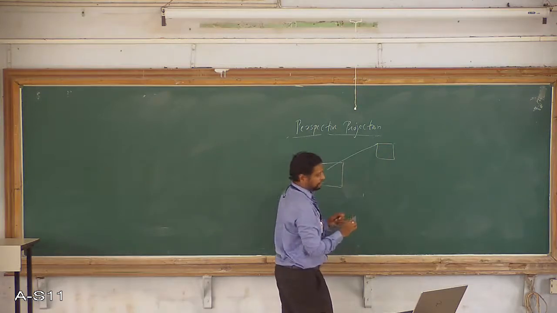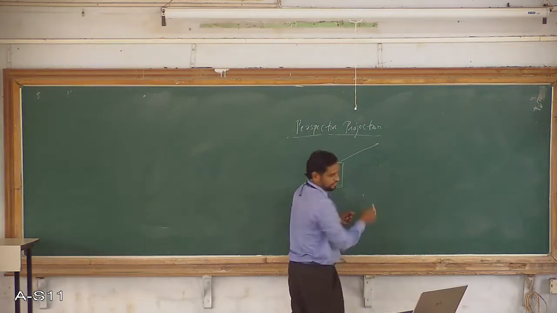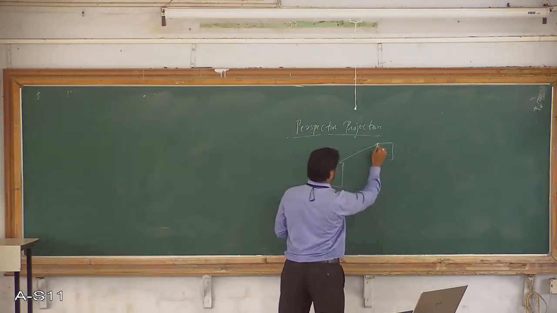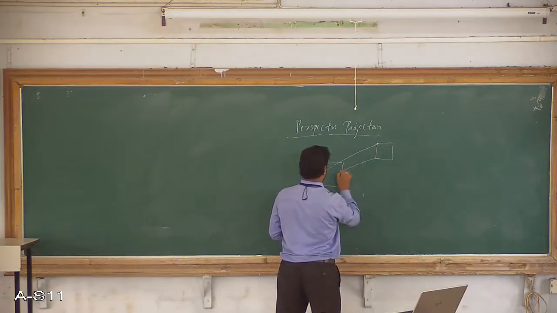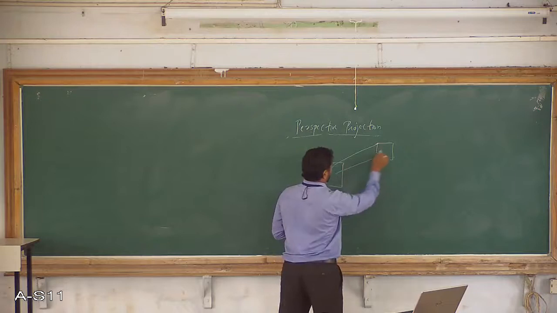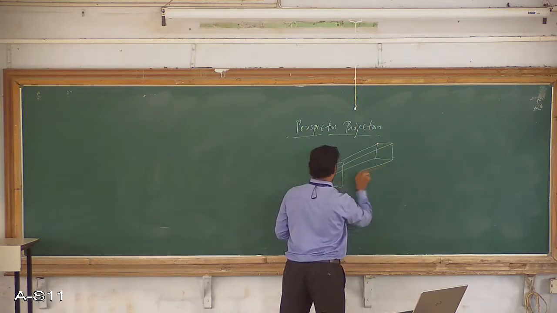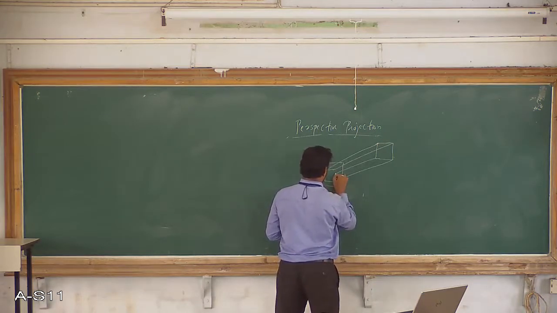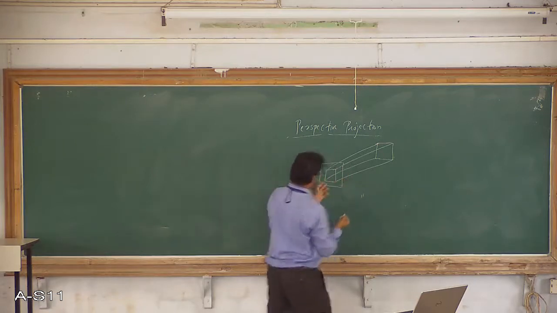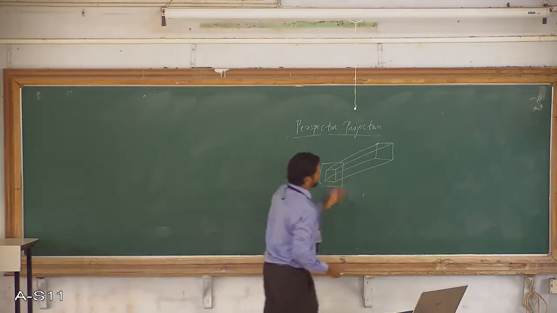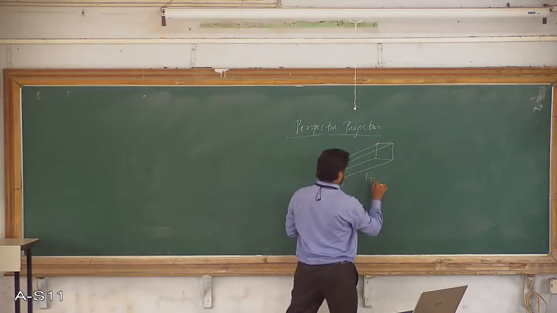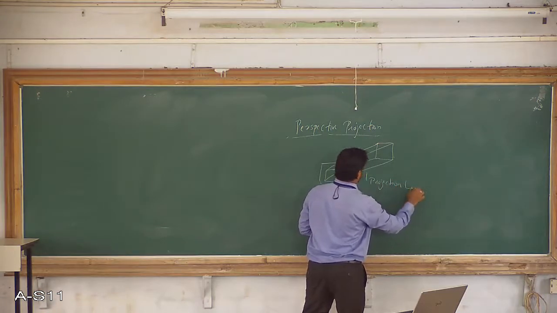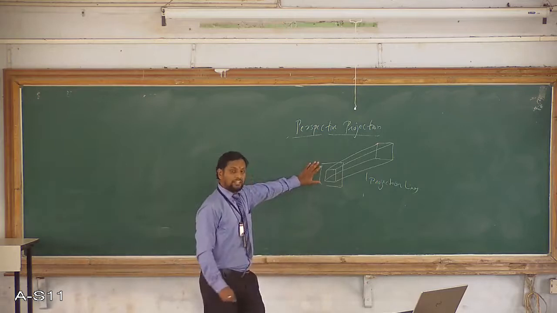So if I draw the object, I'll draw a cube. Even if I draw it this way, no problem. I'll take this side, this side, and this. So I could draw this object on the projection plane, because the projection lines, these are the projection lines, are reflected on the projection plane.